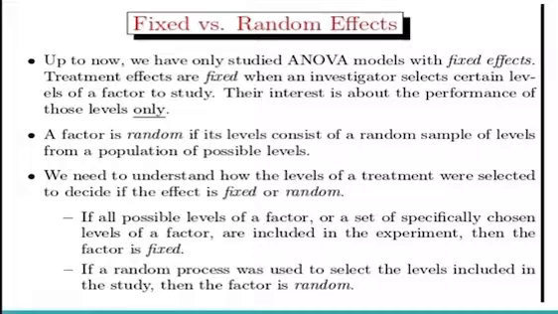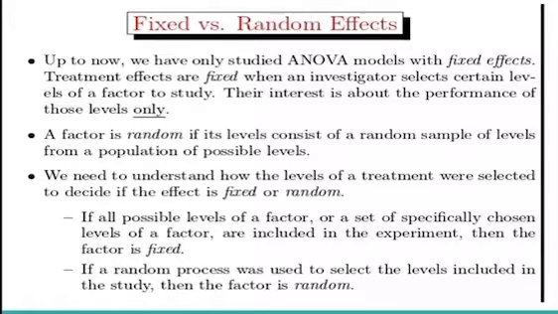That was why I said treatment effects are fixed when an investigator selects certain levels of a factor to study. Their interest is about the performance of those levels only, and nothing more, and that will be fixed.